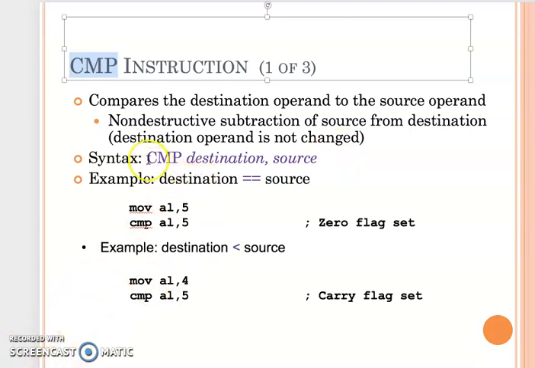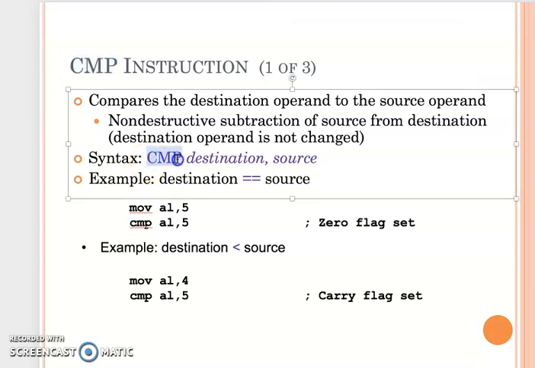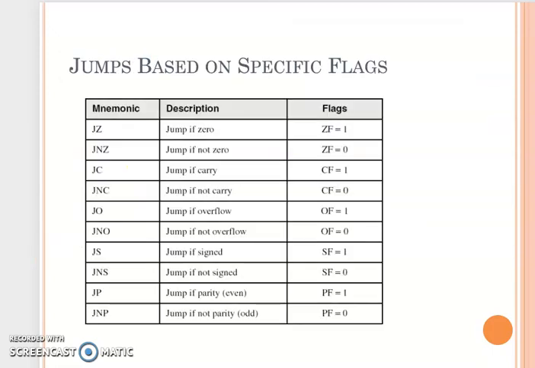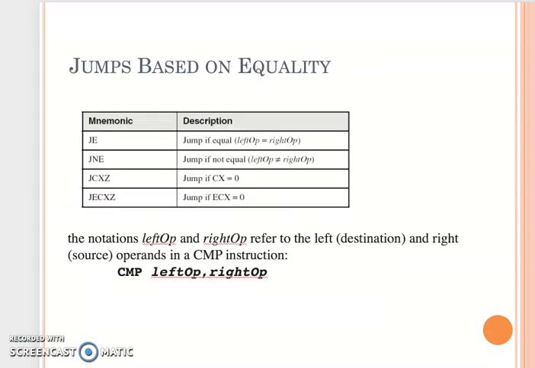So most of the time when you're using this comp operation, you want to know which one is bigger, your destination operand or your source operand, right? So according to whether the values are different, you can jump to a different location. That's what we will do after the comparison instruction. Then the different jumps according to equality, you can use JE. After you have your comp operation, the left operand is your destination operand and the right will be your source operand.